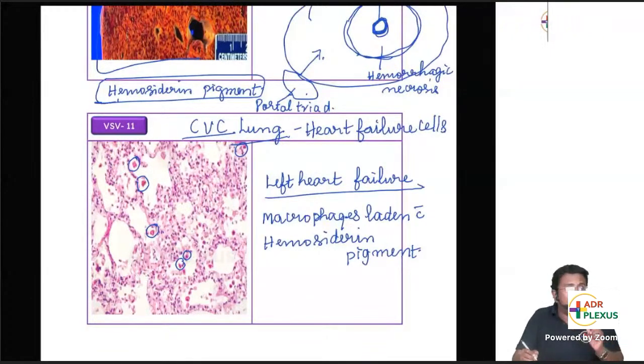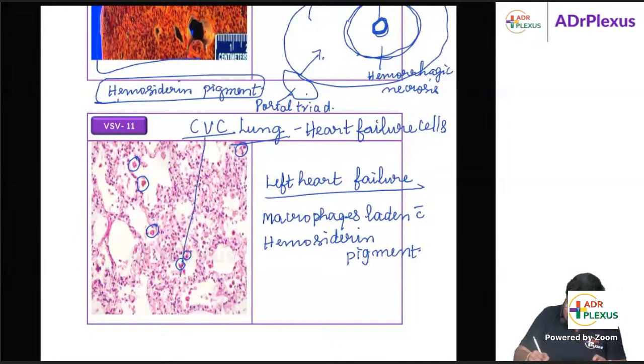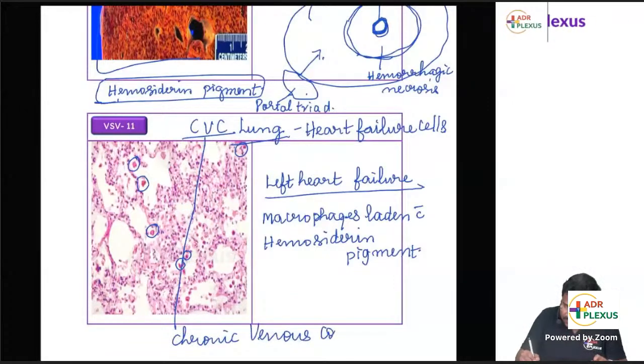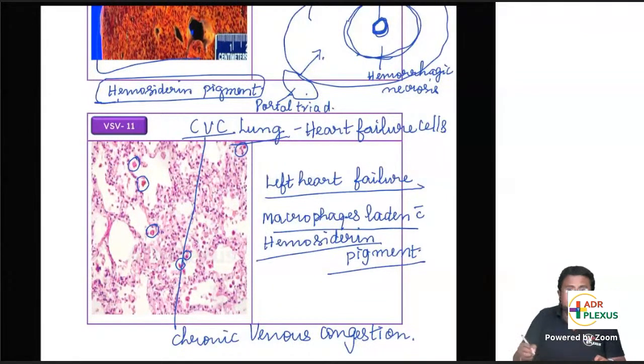CVC means chronic venous congestion. Okay, so in left heart failure, you will be getting these heart failure cells in the lung.